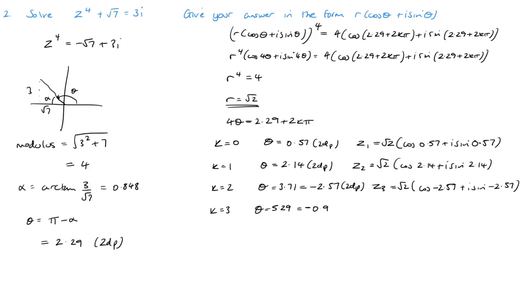Oh, so it's actually minus 1.00 when I round to 2 decimal places. So Z4 is root 2 cos minus 1.00 plus i sine minus 1.00, and that is my 4 solutions complete.